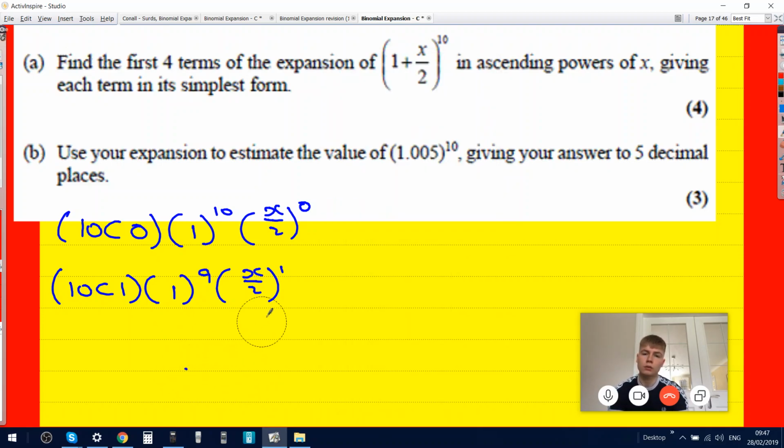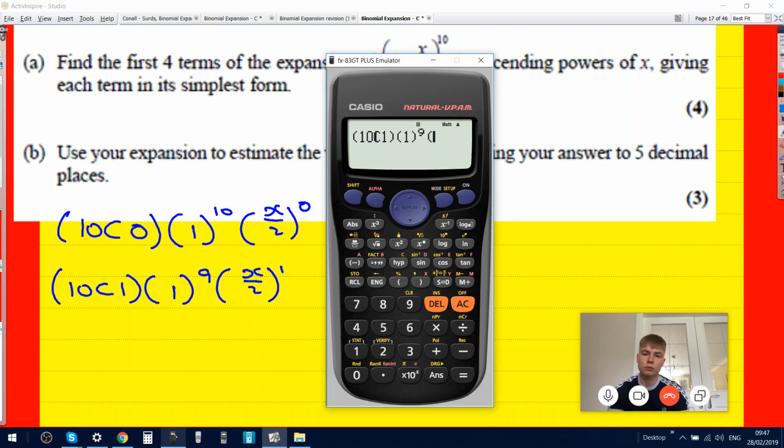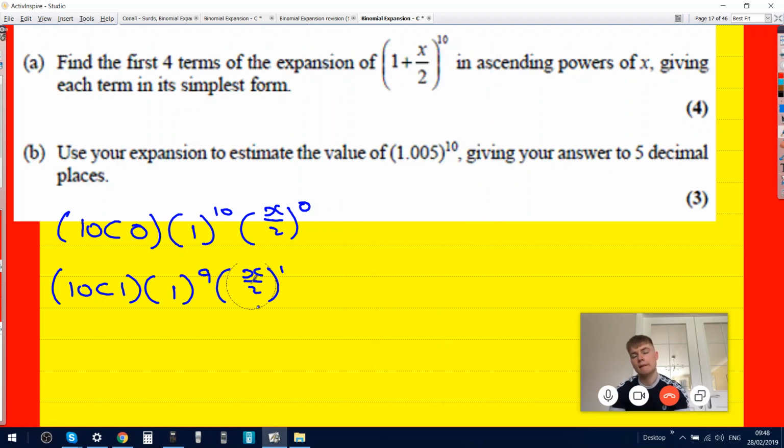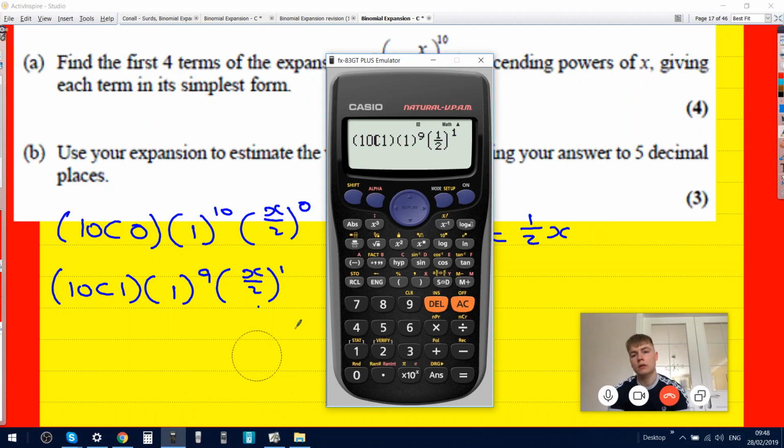So what's dividing by 2 the same as? When do you divide by 2? When you're halving. Correct. And so that's the same as a half times a half. Divide by 2 is the same as times by a half. Another way to write this isn't x to the minus 2, it's a half x. Right. And that's how you'd go about these ones.